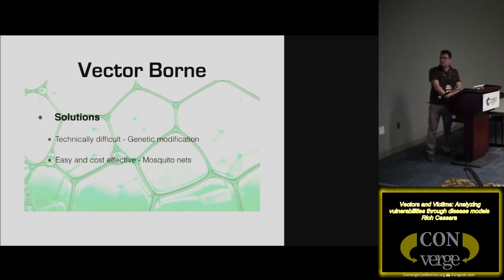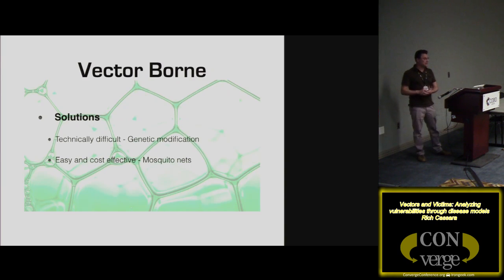So for the solutions for a vector-borne illness, there's the interesting and technically difficult way, and there's the easy way. Something they're doing with mosquito control is genetically modifying mosquitoes so that they self-destruct.